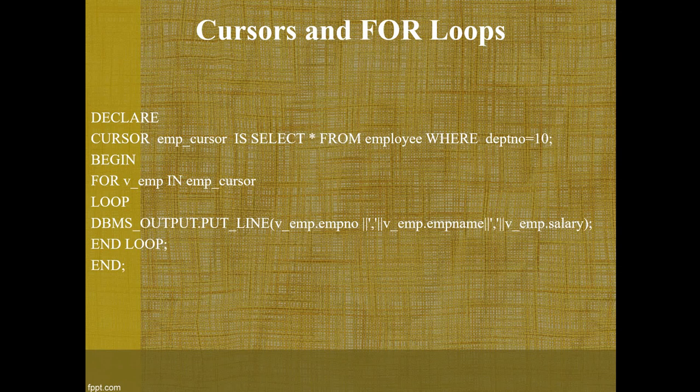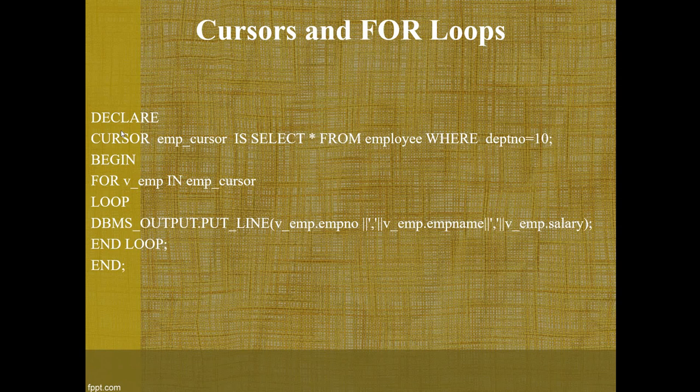So I am declaring the program, declare, and then I am using cursor with the same name emp_cursor is select * from employee where department = 10. So I am fetching the information and storing it in emp_cursor. That's what we did in the last program. Same we are doing here, and then begin.